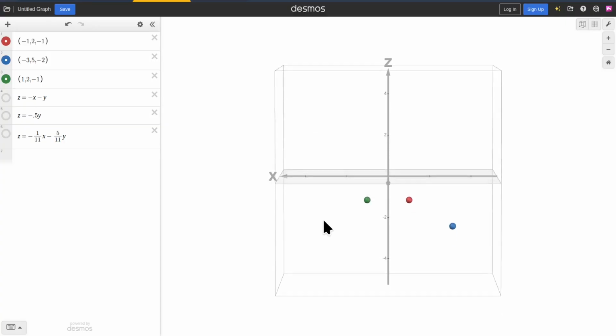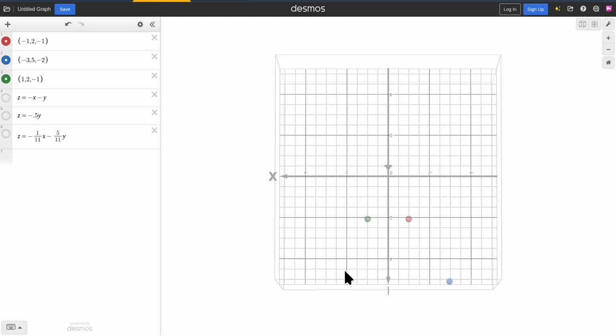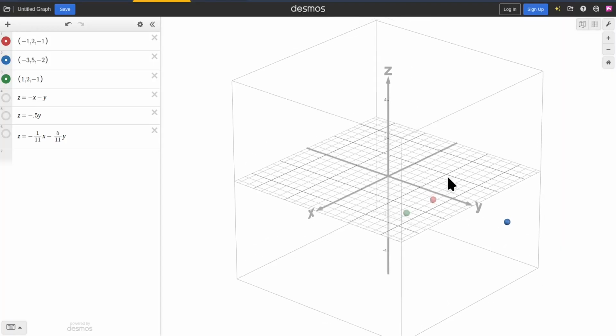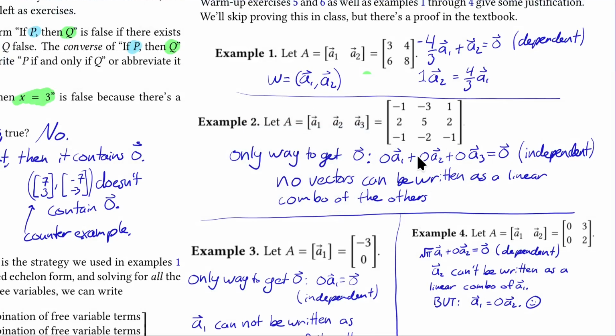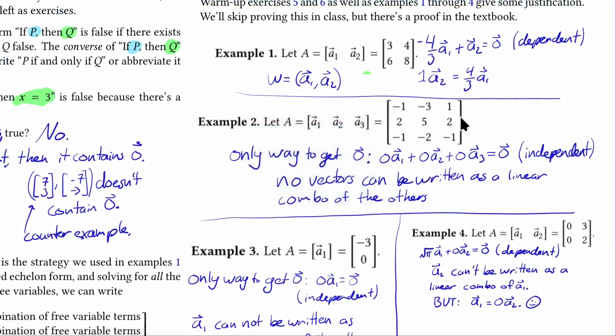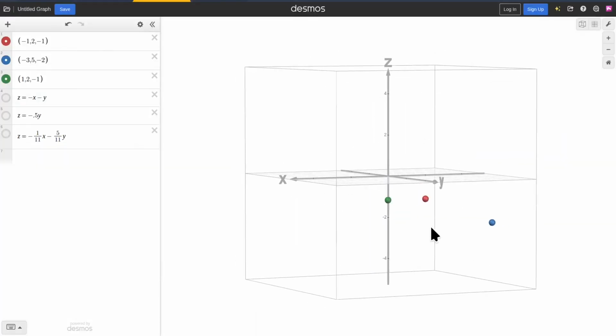So that red point is where x is -1, y is 2, and z is -1. And the blue one is -3, 5, -2, the a2 vector. So a2 is the blue one, and a3 is the point 1, 2, -1, which is here. Okay, so we've got these 3 points.